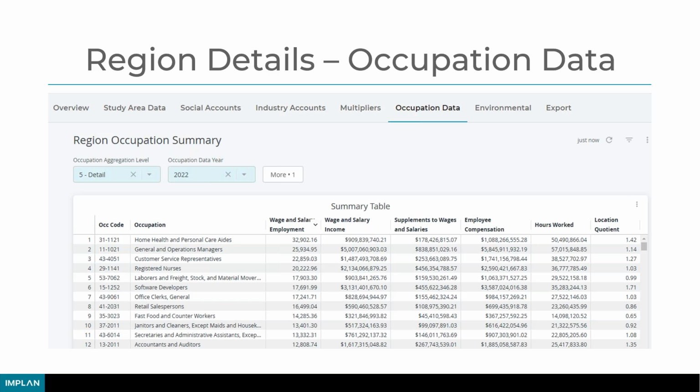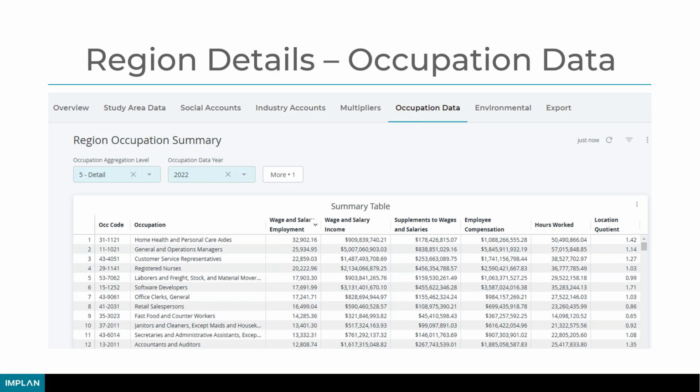So the occupation data is giving us an understanding of regional occupation data within a particular county. So digging into this in terms of specific occupations, what are the employment count, what is the pay, and then what are location quotients for that.